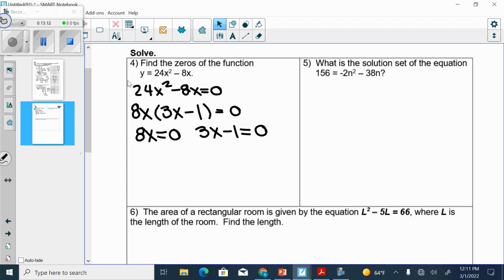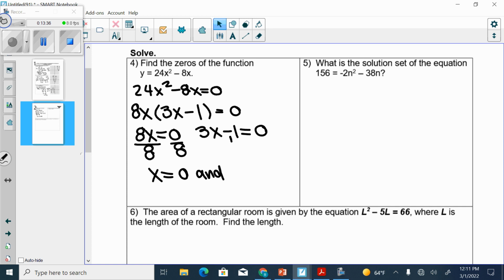Okay, well, how am I going to get x by itself with 8x equals 0? Right, very good. And what is 0 divided by 8? 0. Good. Okay, and then I have another answer over here. What do I do with that 3x minus 1?